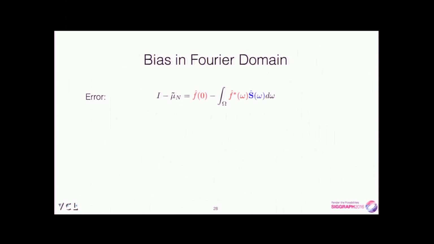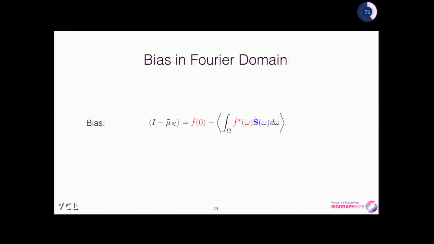Okay, so when you do I minus mu n, I is f hat of 0. So you get this, right? And then you subtract it. When you take an expectation, this is a constant. If you know the function, then f hat is a constant. So there's no expectation operator there. The expectation operator is only here, right?